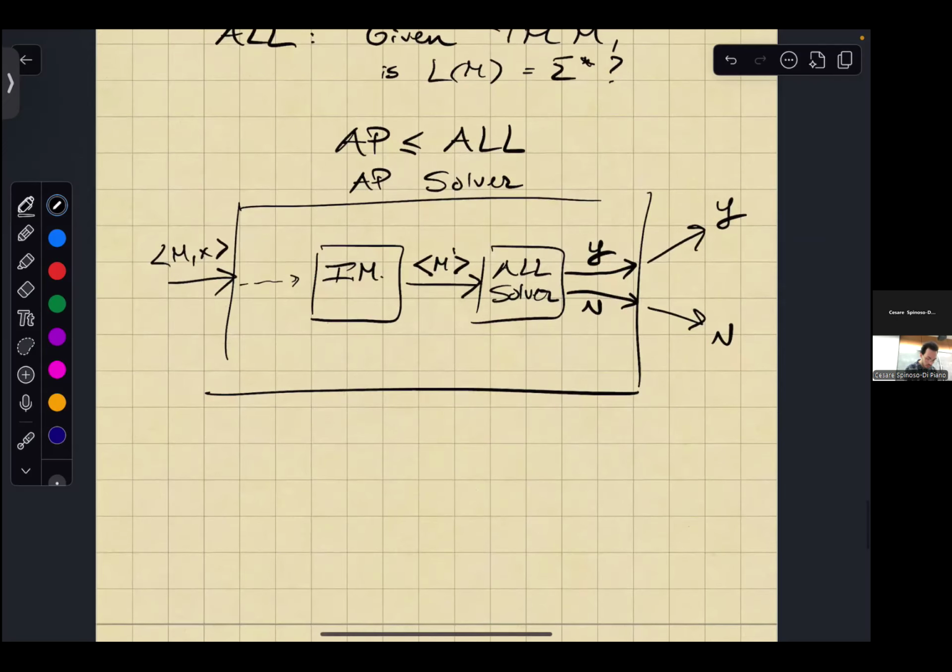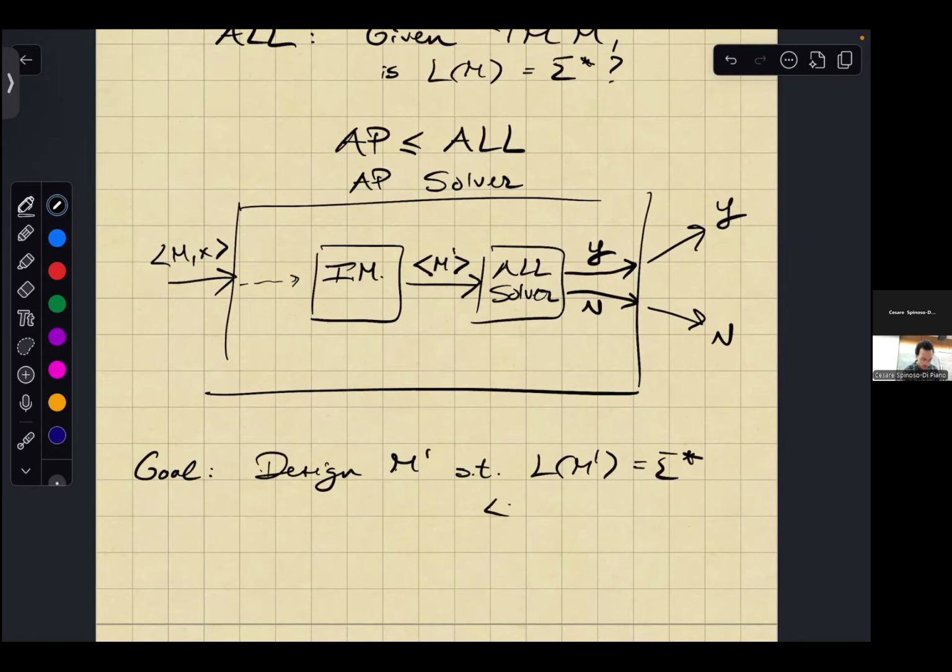So the goal is that the instance modification wants to design an M prime such that the language recognized by M prime is sigma star if and only if M accepts X. What you have to remember is that the instance modification is like a function which takes as input M and X and outputs M prime.